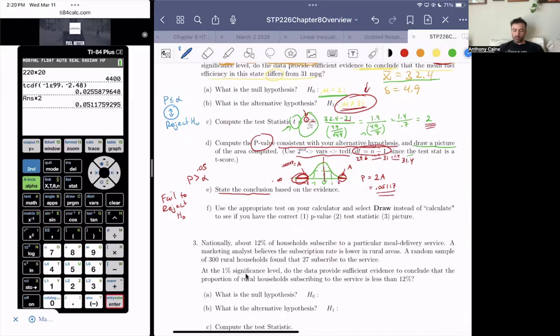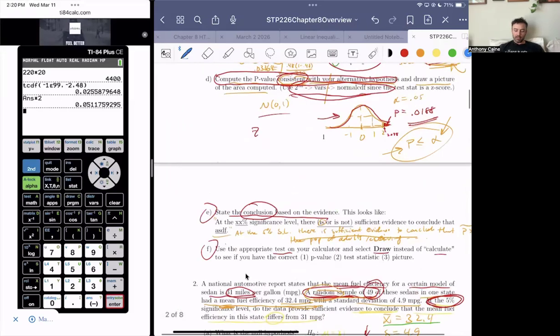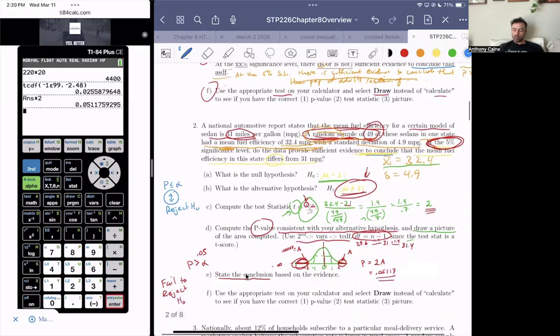So, if I were to state the conclusion, remember I have this template here for what it means to state a conclusion. At the 5% significance level, there is not sufficient evidence to conclude that. And the problem will always say, to conclude that, okay, here's what we're supposed to, right?